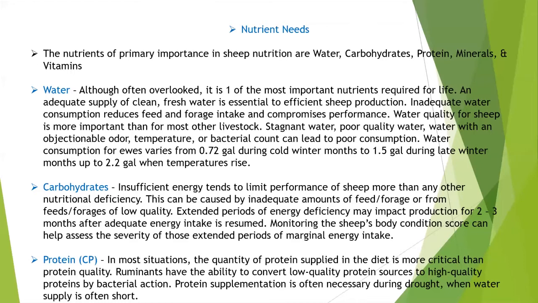Stagnant water, poor quality water, water with odor, high temperature, or frozen, or bacterial count can lead to poor consumption of the water. So it's always a good idea to make sure that your water sources are clean and that you don't have issues with the water sources.